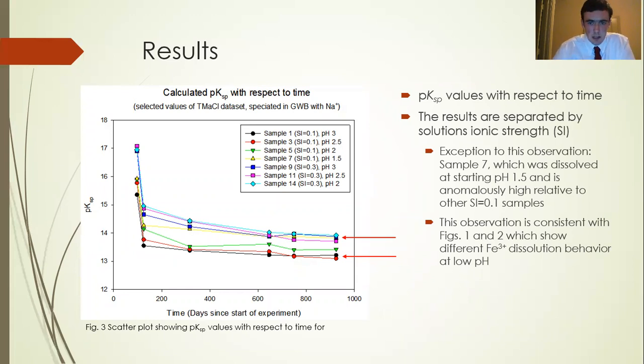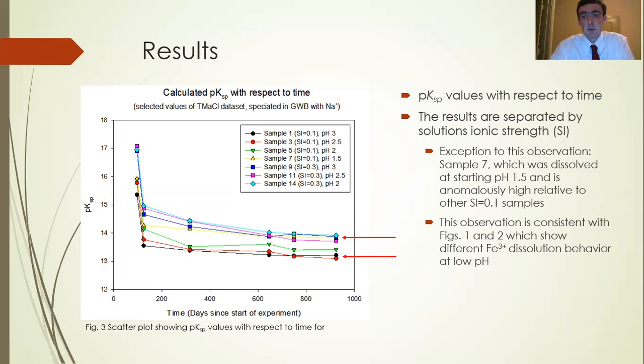But as you can see, there are two pockets of data indicated by the red arrows. The lower pocket is represented by samples 1, 3, and 5, represented by the green, black, and red symbols. And then there's data from samples 9, 11, and 14, represented by the symbols in blue, purple, and sky blue.